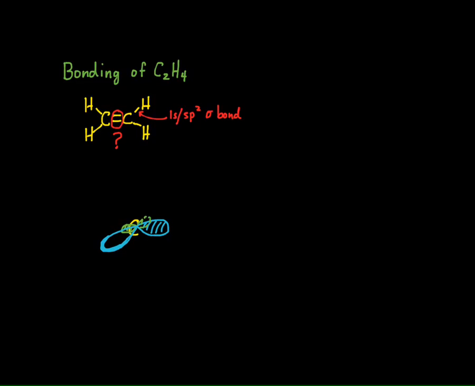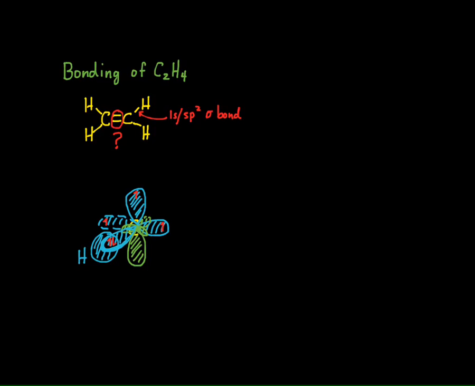So I'm going to draw my representation again of that carbon, right, with the three sp2 orbitals. One's in the plane, one's going behind me, one's coming out at me, and then the p orbital. And if I think about where the electrons are, there's one electron in each orbital. So what happens? Well, a hydrogen 1s orbital comes in and forms a new molecular orbital with the sp2 orbital.